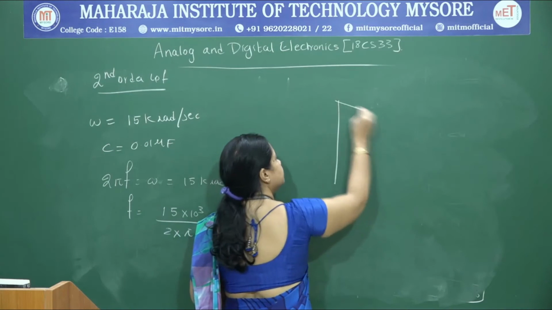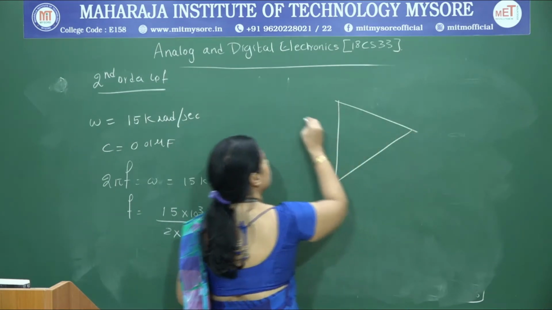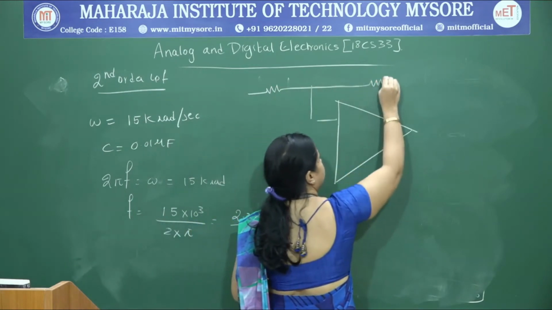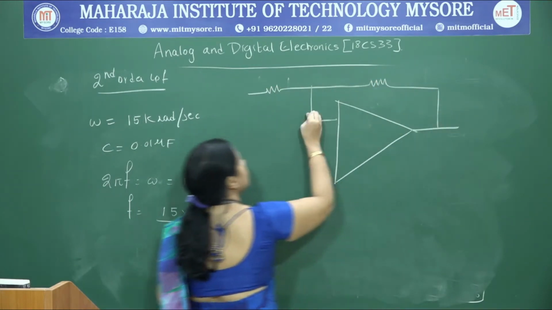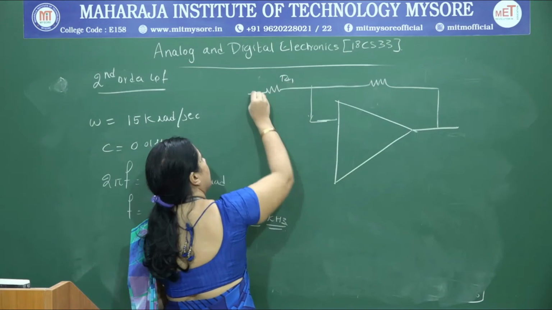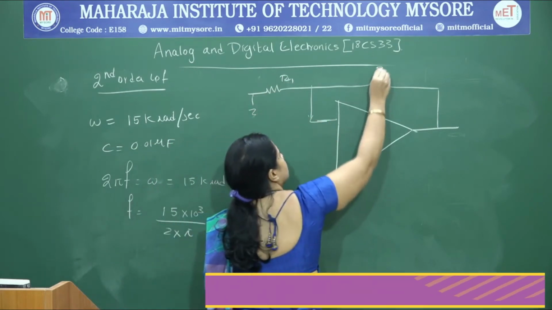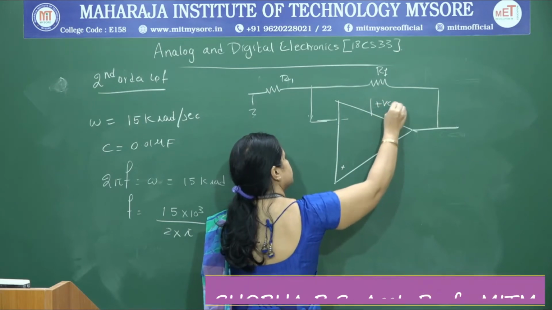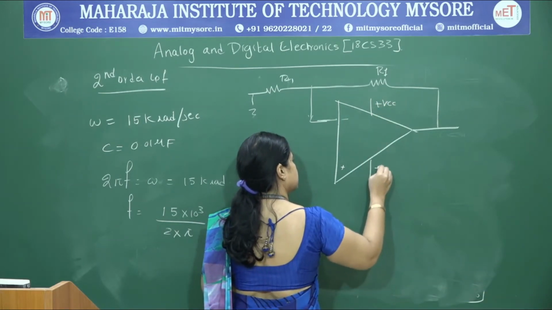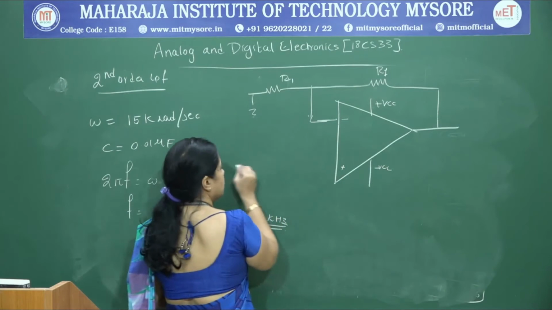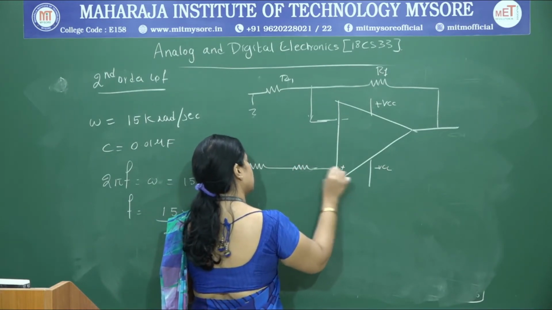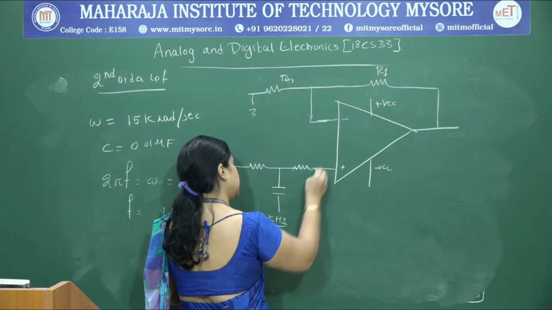Now I am to design a second order low pass filter. So, I will just write the circuit of a second order low pass filter. In the feedback we have resistances R1 and RF. We have two sections of RC.